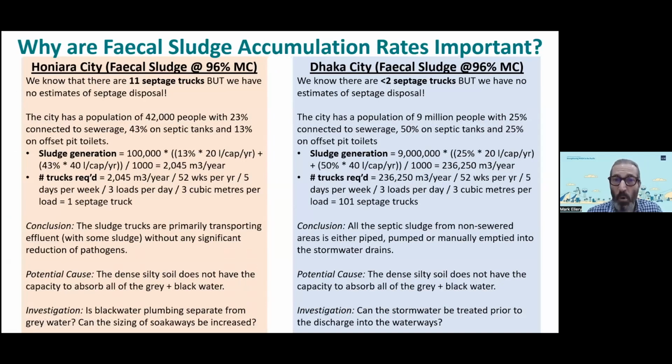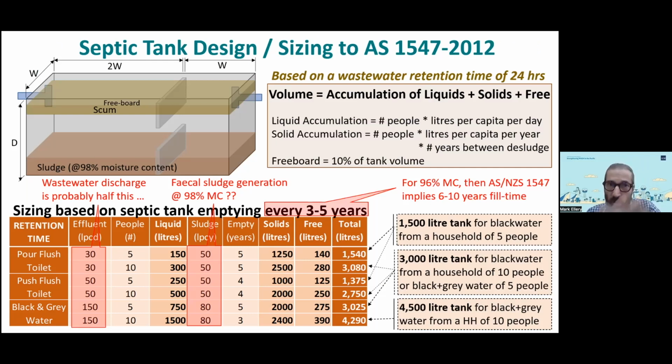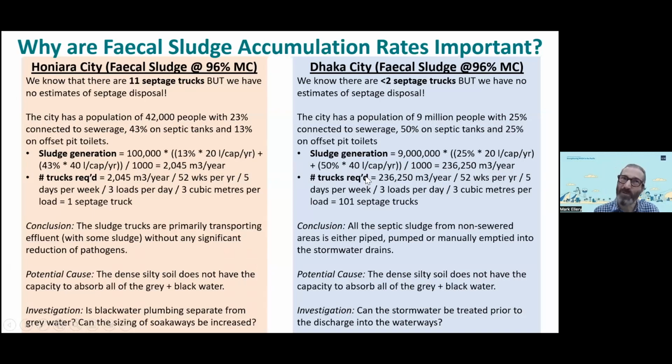Why is this important? Knowing how long a tank should take to empty, and the sludge generation of households, one of the things we can do very quickly and easily is to use the number of trucks in a city as a proxy for understanding what's happening with our fecal waste. A couple of examples here.